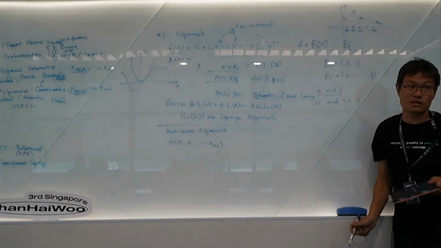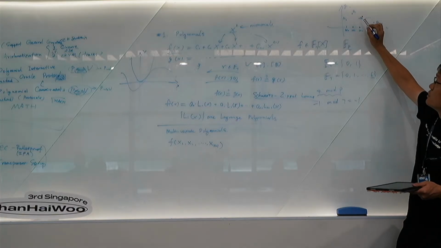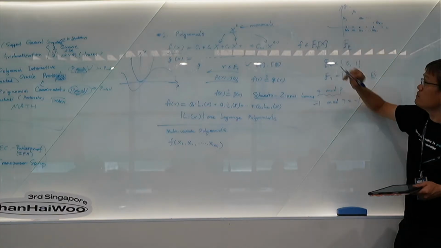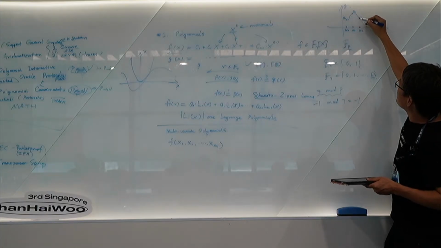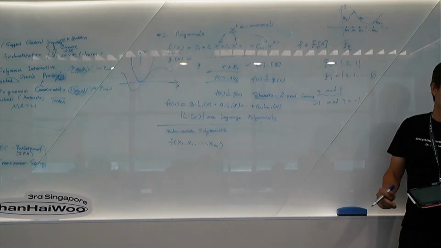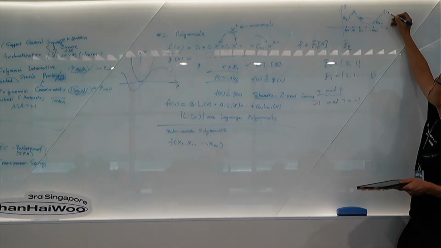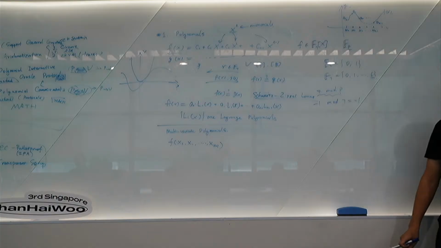Then we interpolate these n points into a curve. This also is f(x), the correspondence of f(x).